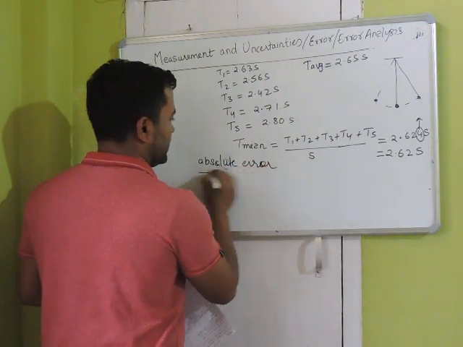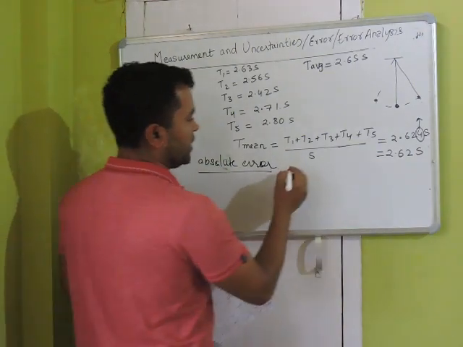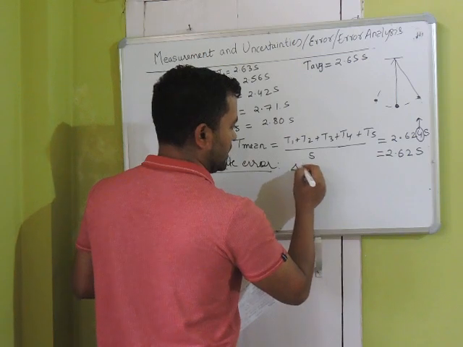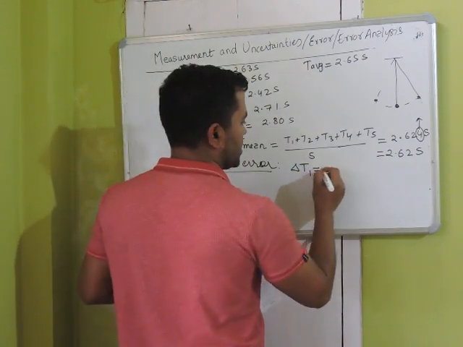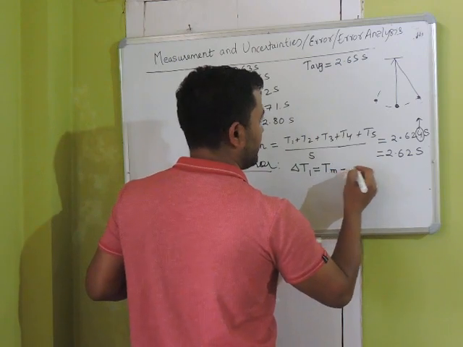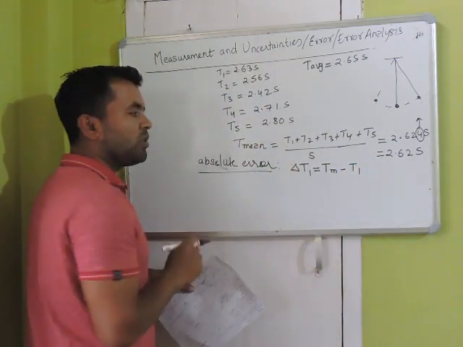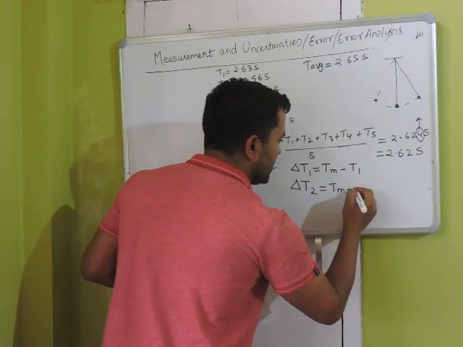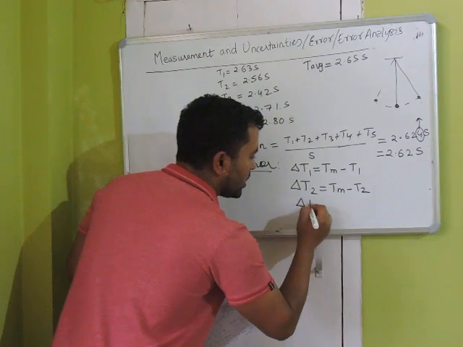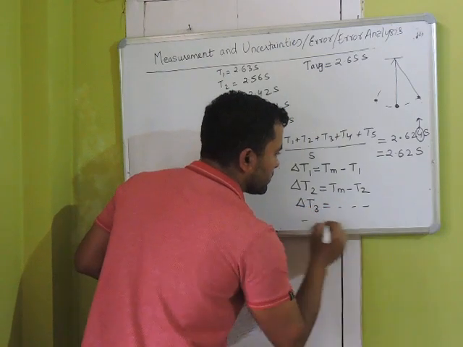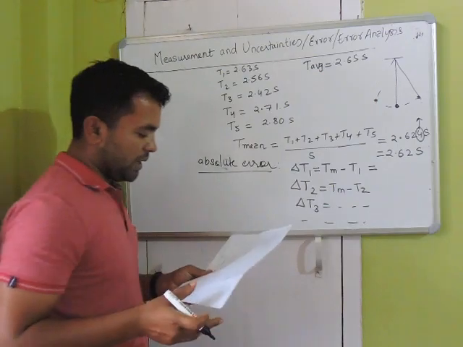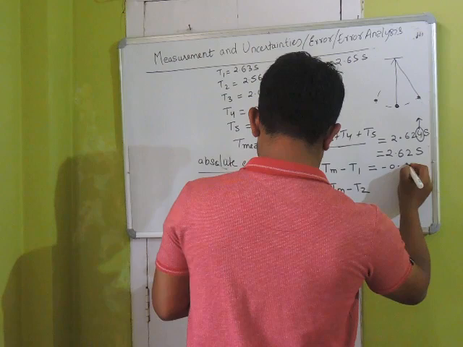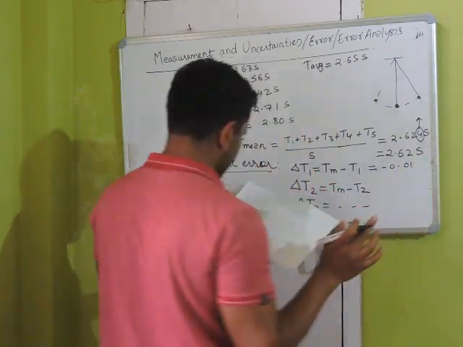The absolute error in any observation, in the first observation, will be t mean minus t1. This is the absolute error in the first observation. In the same way, the absolute error in the second observation will be t mean minus t2, and so on. If you calculate this, it comes out in seconds.